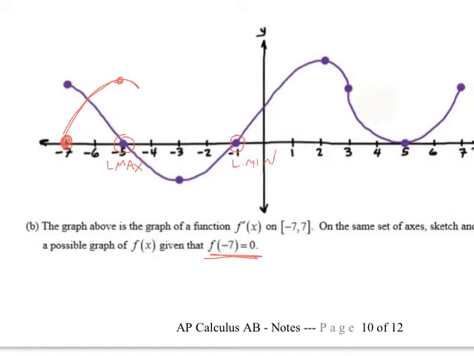So our graph is going to come to a low point there. And it looks like at -3 it switches from being concave down to concave up, because that's where our function changes. The derivative is decreasing to increasing.